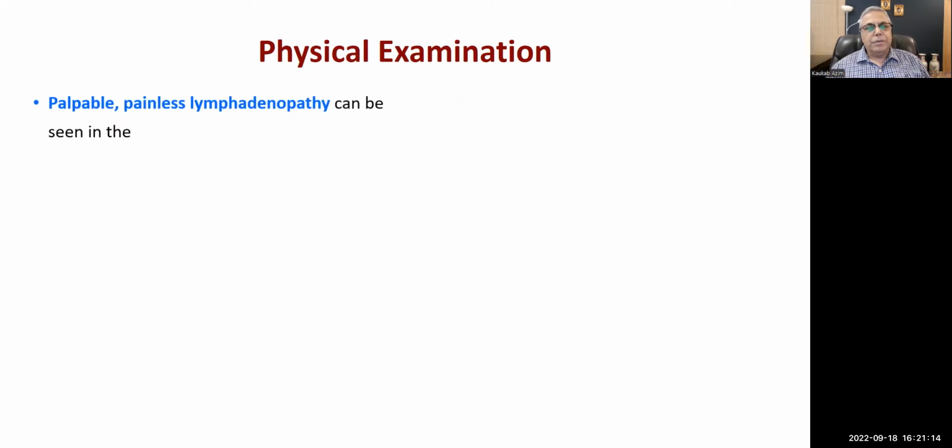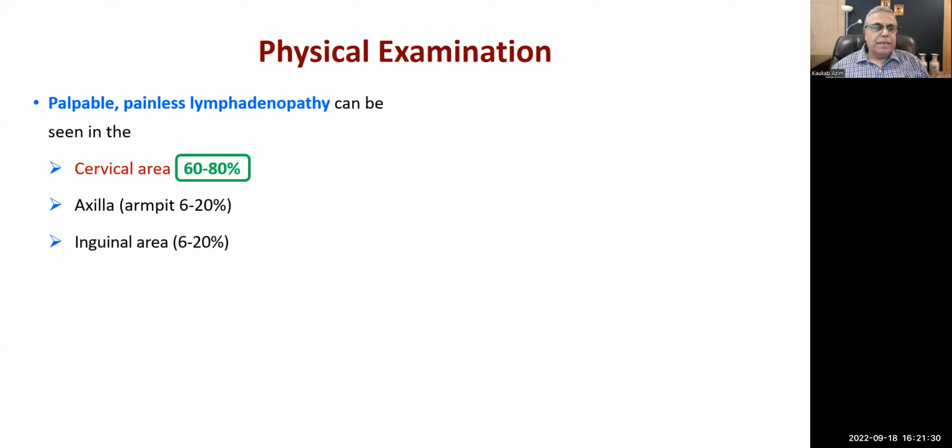Physical examination, a palpable painless lymphadenopathy can be seen in the cervical area. 60 to 80% is in the cervical area. Then axilla, which is the armpit, 6 to 20%, and inguinal area, 6 to 20%, right? So this is the most common distribution, although Hodgkin lymphoma can appear in any other lymphoid organ.